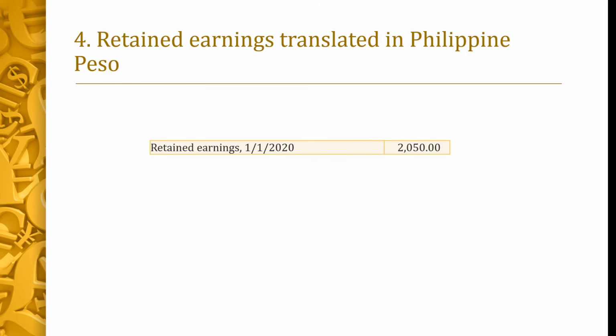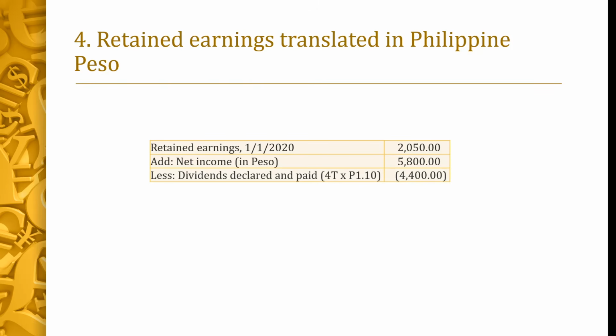Okay? Sige. Next, add net income. Since na-compute natin kanina yan, ayan na siya. Then, less dividends declared and paid. Since hindi naman pala nagbago ang exchange rate ng date of declaration natin, gagamitin pa rin natin si 1.10 dito. Okay? So, magkano ang sagot natin for number 4? 3,450.